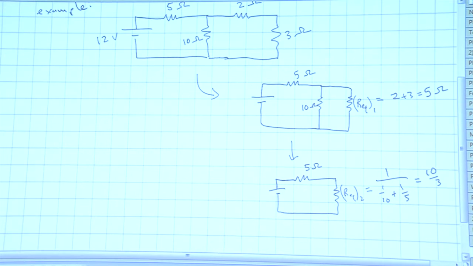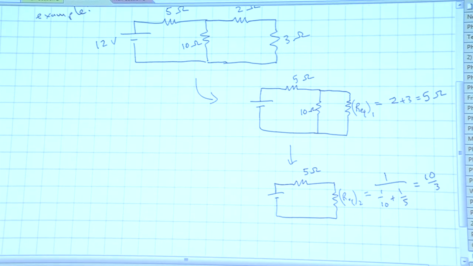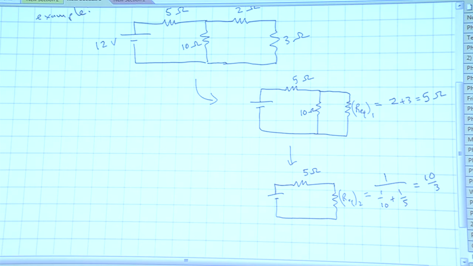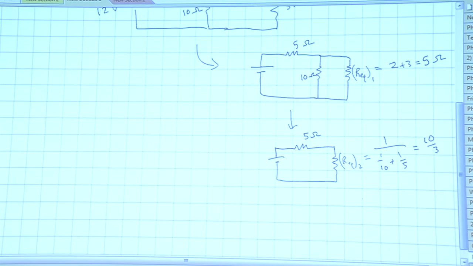A 10 and a 5 in parallel. What do you get for that? Maybe you're used to seeing it this way. It's going to be 3 over 10, right? Okay.